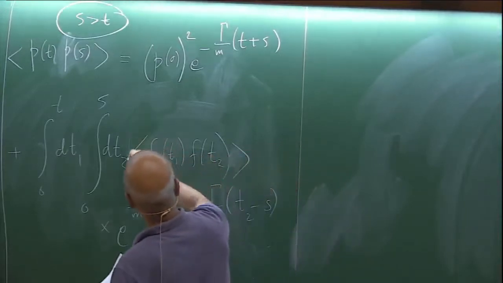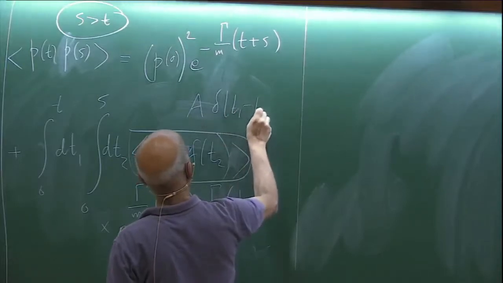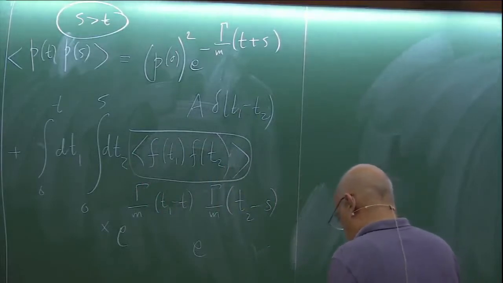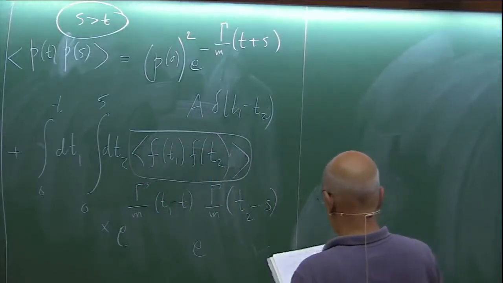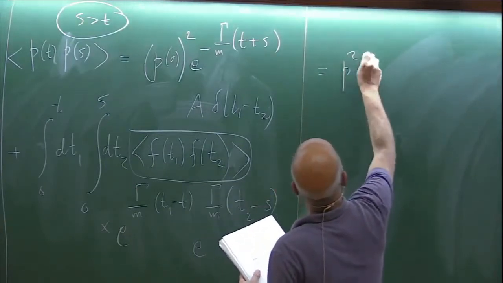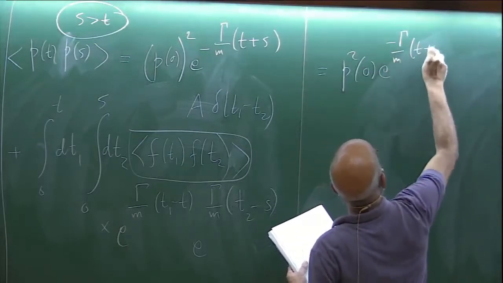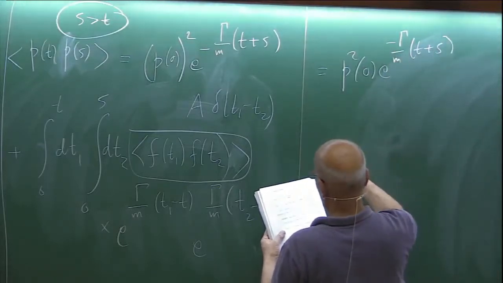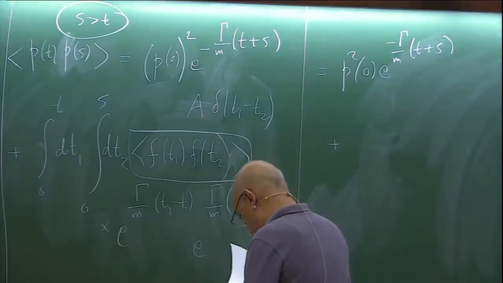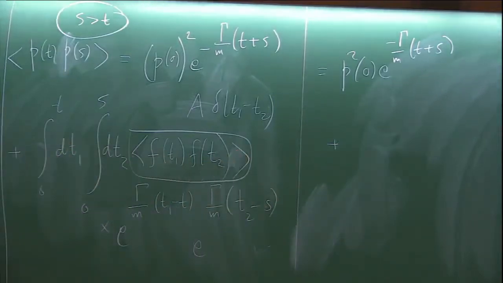So I'll put in for this guy a times delta of t1 minus t2, and I'll carefully do my integrals, and I assure you I will get... I have changed notation. I called my noise 2D. So if you don't mind, just let's call it A. It's fine.